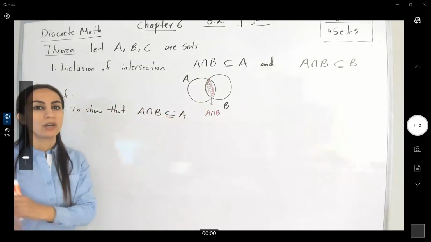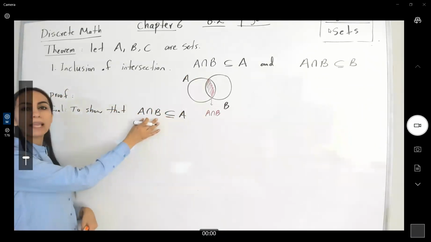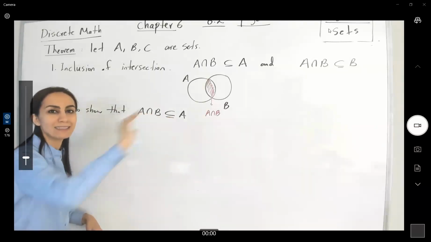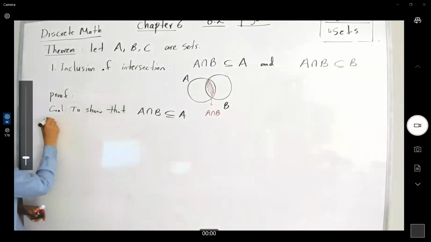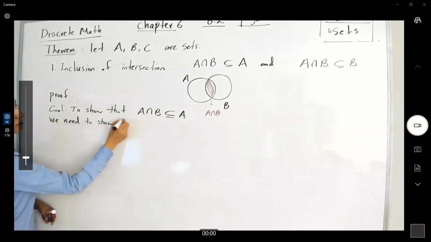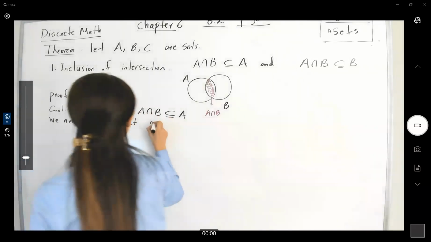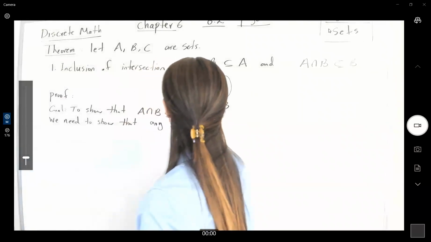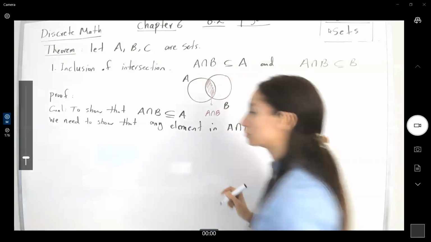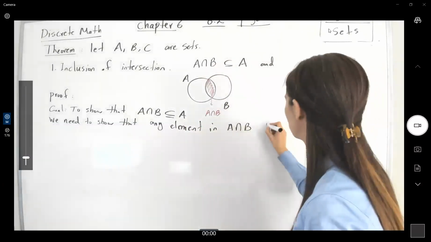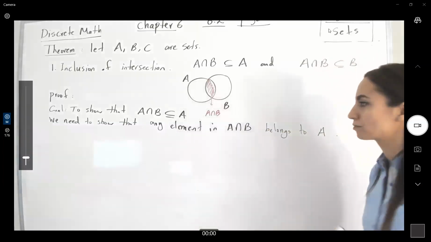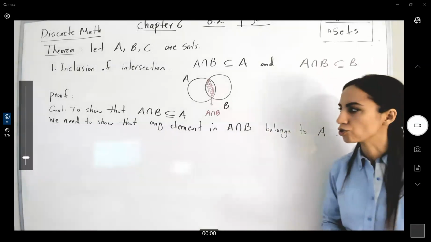What we have to do is show that a random element in this set is included in the larger set. So we need to show that any element in A intersection B belongs to A.